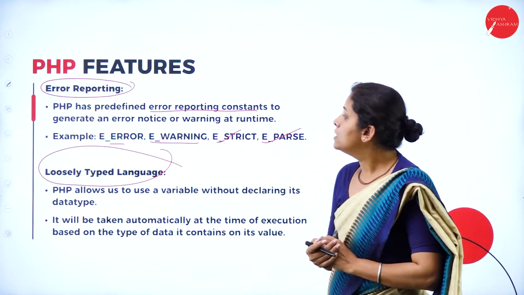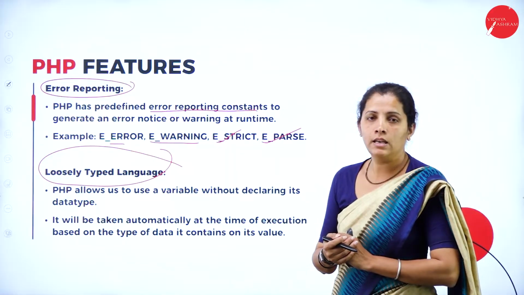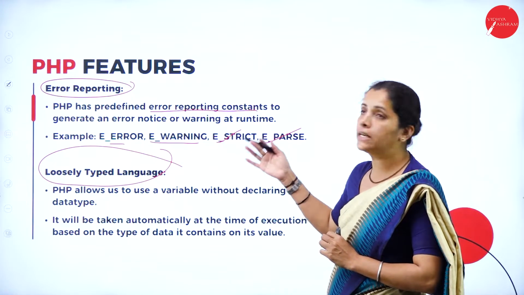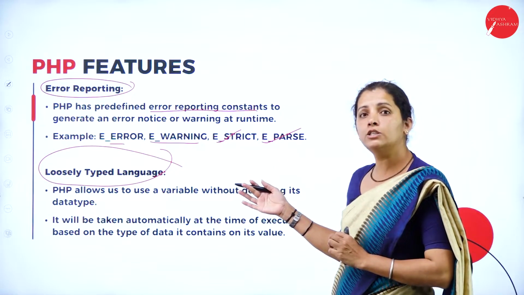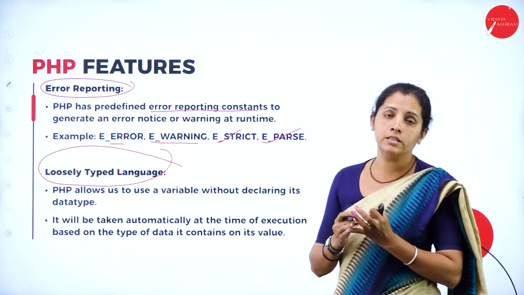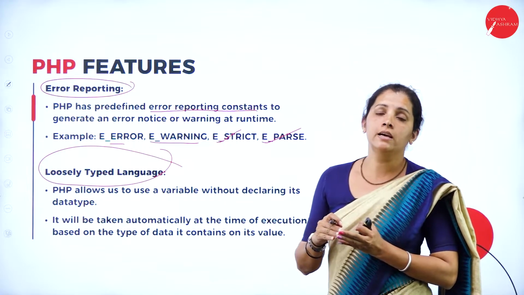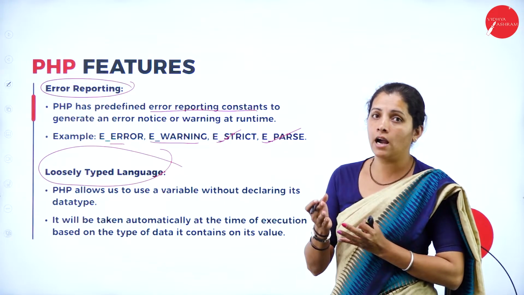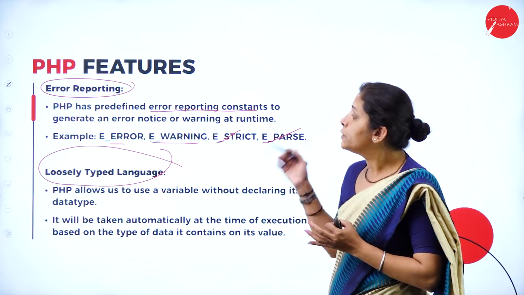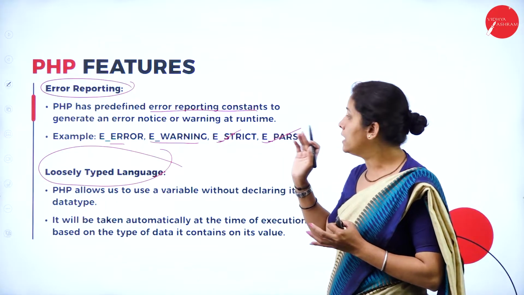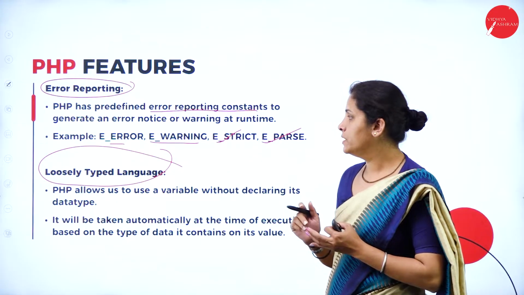Then I have one more important feature, that is loosely typed language. So what is a loosely typed language? Dear student, we have learned the C program, C++ program, Java. C and Java are not loosely typed languages.